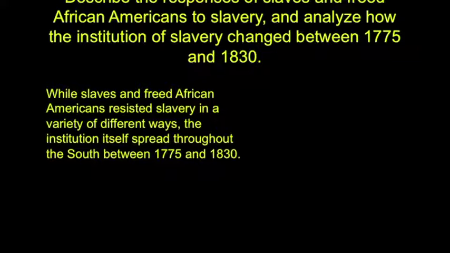This more specific thesis, while clunky, does distinguish between the responses of slaves and those of freemen, but only in a vague way. It also begins to consider how slavery changed, though it ignores the fact that the North abolished slavery during this period and that the institution in the South grew more repressive as it spread westward.